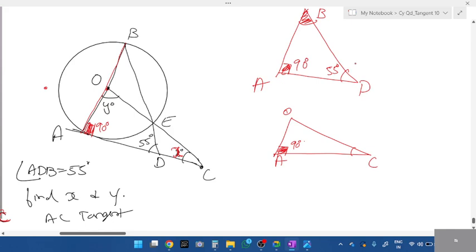Just a two-liner question. If you understand this concept, we have two triangles. We know 90 degrees.